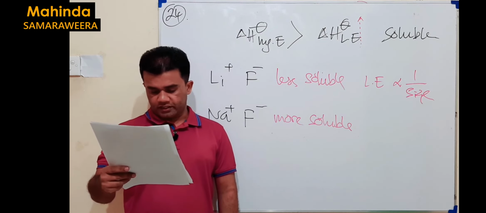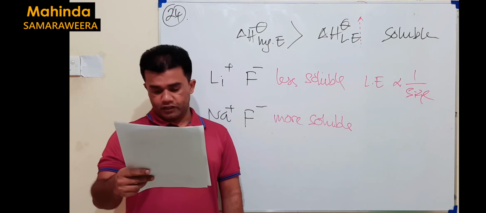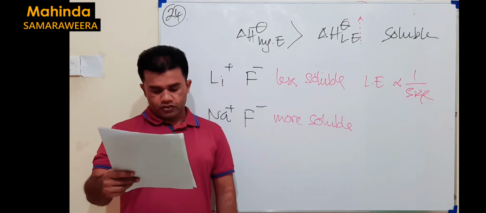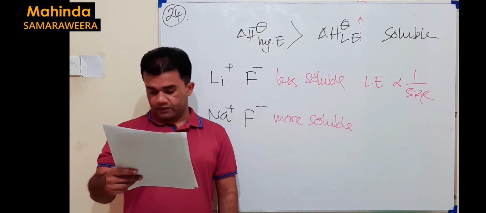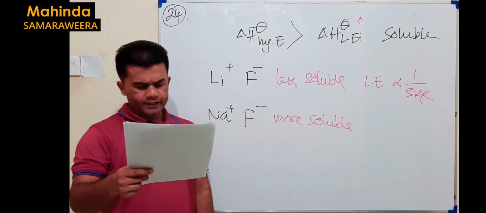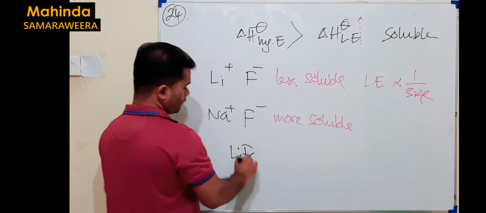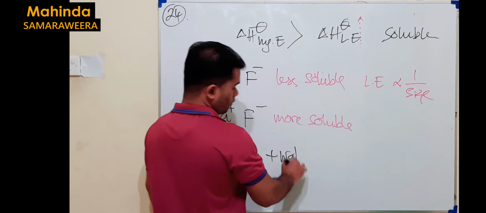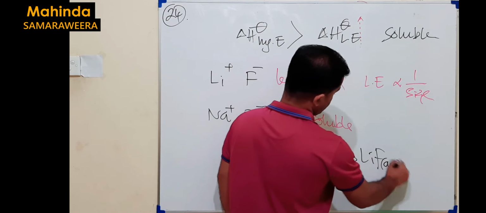Option A: high dissolution enthalpy of lithium fluoride. B: small radii of lithium plus and F minus. C: high hydration enthalpies of lithium plus and F minus. D: high lattice energy of lithium fluoride. Actually, in this case, high dissolution enthalpy of lithium fluoride can't be. Dissolution means lithium fluoride plus water gives lithium fluoride aqueous.